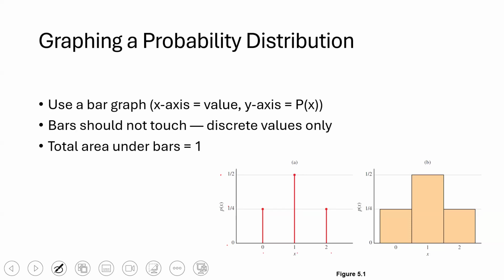Each value gets a bar. And often with discrete distributions, the bars won't touch. Here in this example, we have our bars touching. But when they don't, that's one way to visually distinguish a discrete distribution from a continuous one. The total area under the bars still represents the whole, the entire sample space.